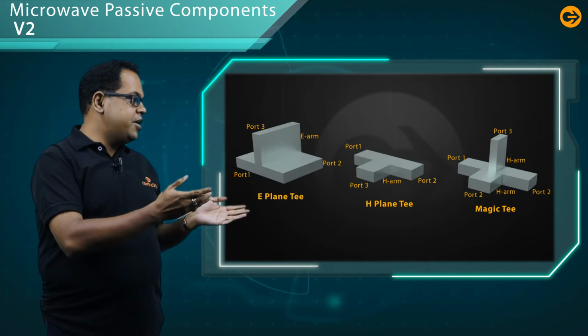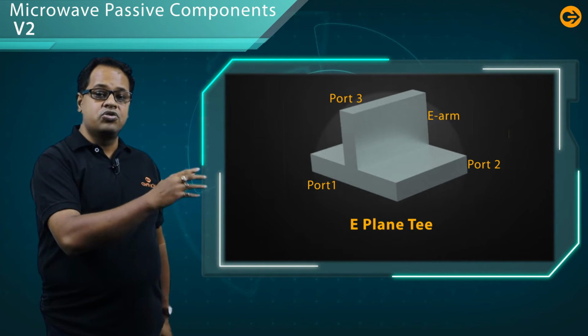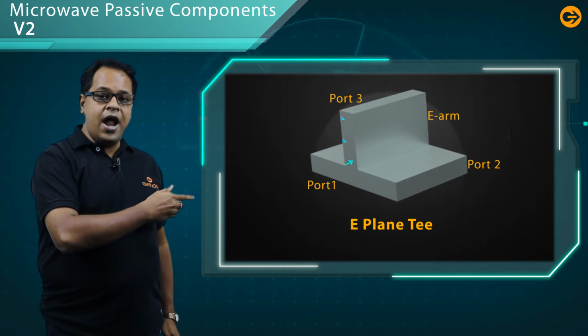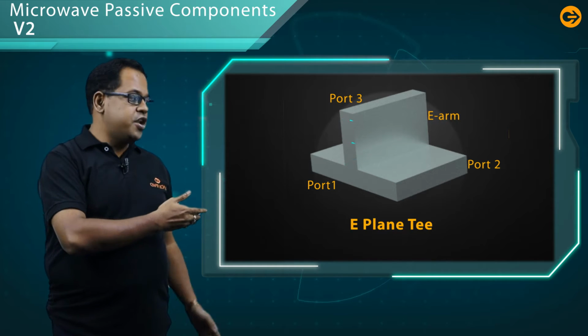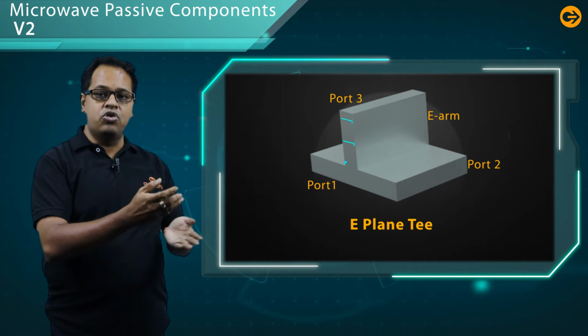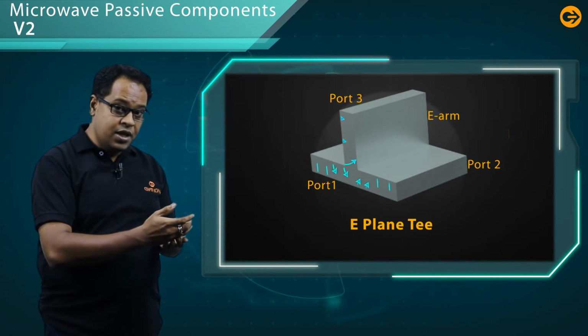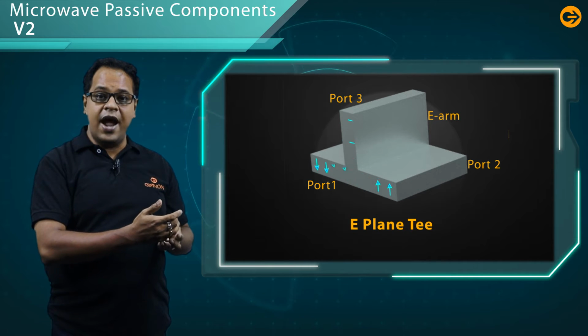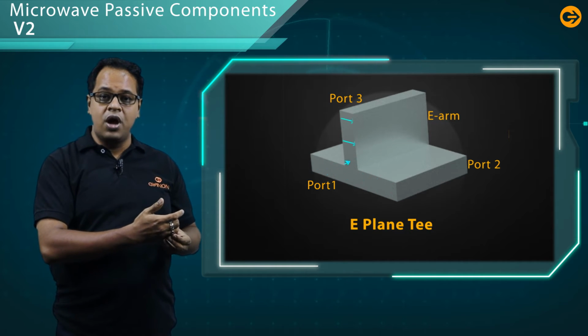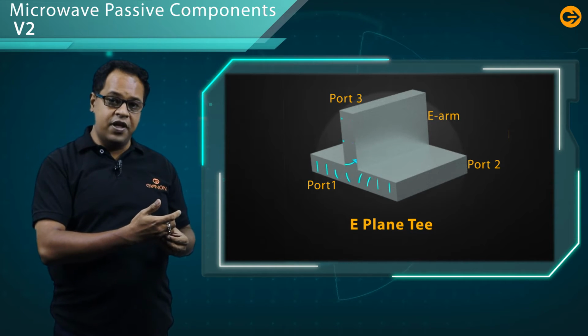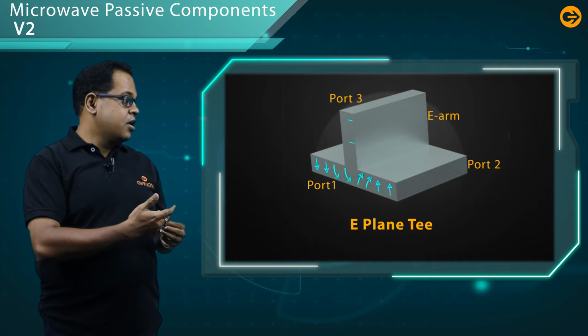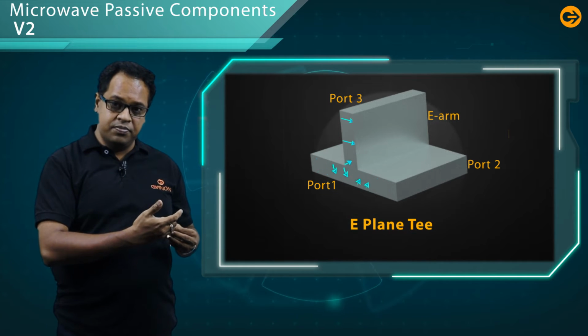In E-plane T, signal will enter through the port 3 and the output will be generated from the port 1 and the port 2. But in this case, the signal at the port 1 and the port 2 are 180 degree out of phase. That means they are in opposite direction.